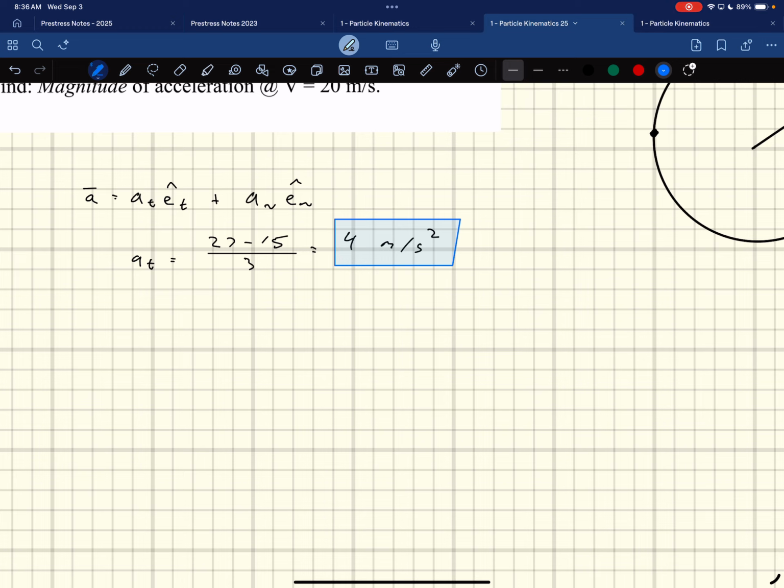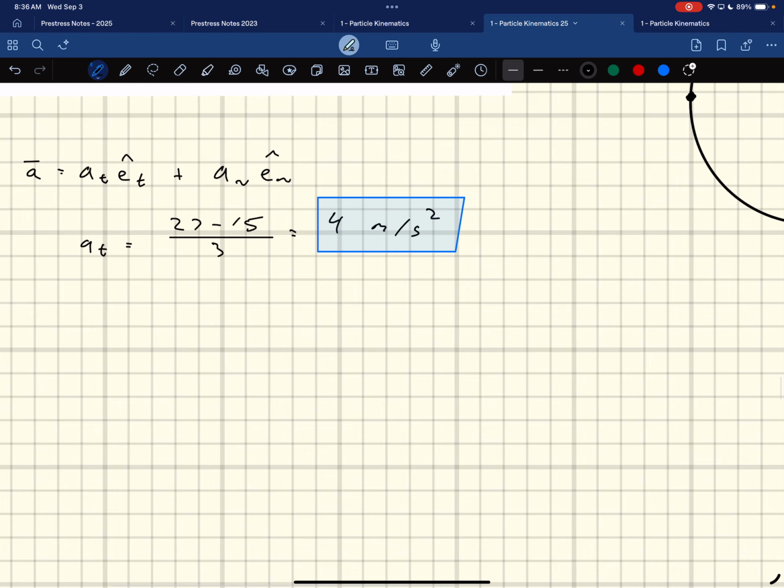Now I need to figure out what my AN component is. This is a very simple example, by the way. AN is going to be equal to either R omega squared or V squared over R. They're all related to each other. In this particular case, V squared over R is going to be more useful to us.